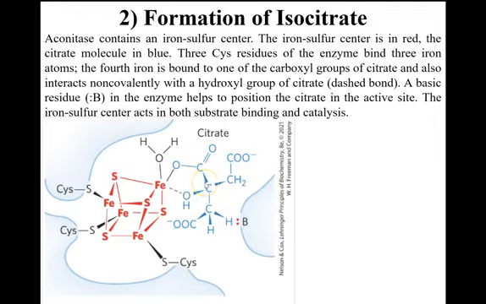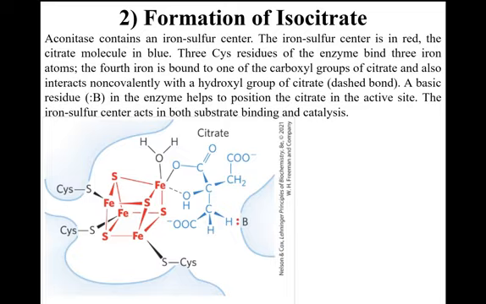And 3 cysteine residues of the enzyme bind 3 iron atoms. You can see that right here: 1, 2, and 3. The 4th iron is bound to one of the carboxyl groups of citrate and also interacts non-covalently with a hydroxyl group of citrate, which is a dash bond right here, and the carboxyl interaction with the carboxyl group of the citrate.